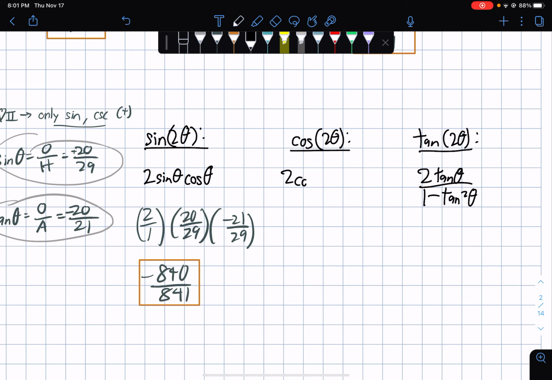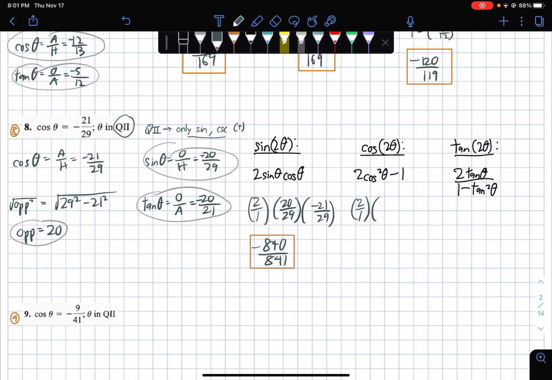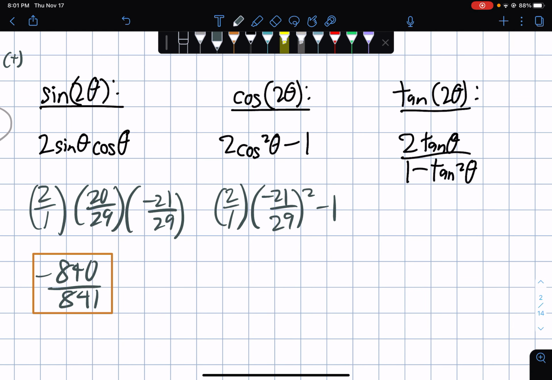It's basically 2 cosine raised to 2 theta minus 1. So 2 over 1 times cosine, which is negative 21 over 29, raise it to 2 and minus 1. What you get is 41 over 841.